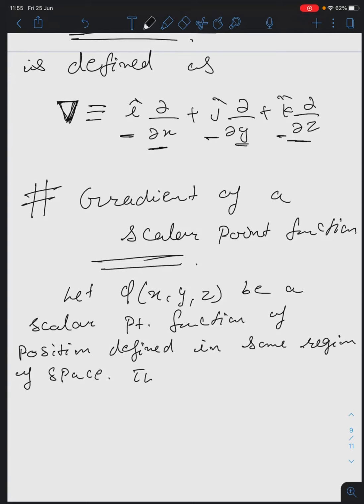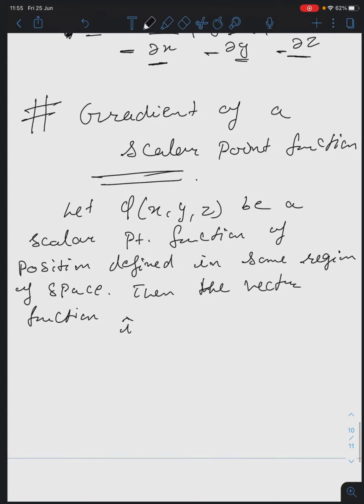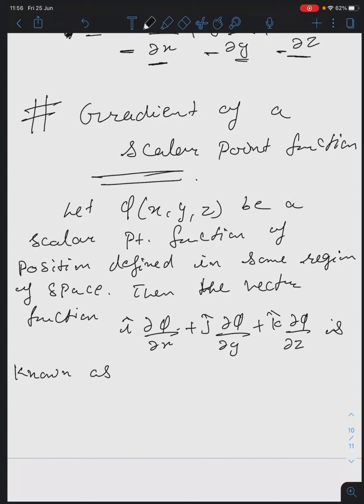Then the vector function i cap dou phi by dou x plus j cap dou phi by dou y plus k cap dou phi by dou z is known as the gradient of phi.